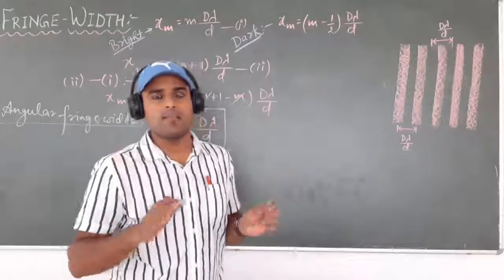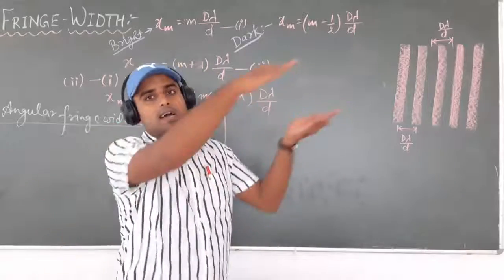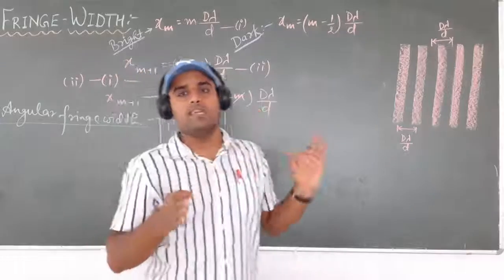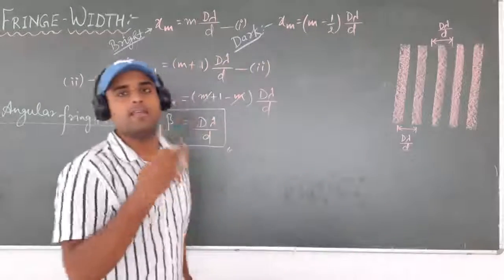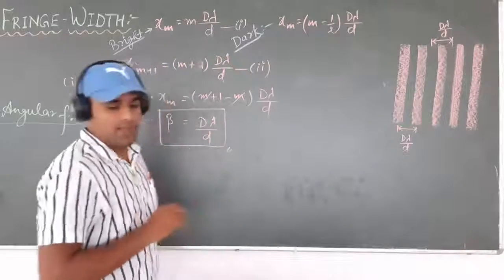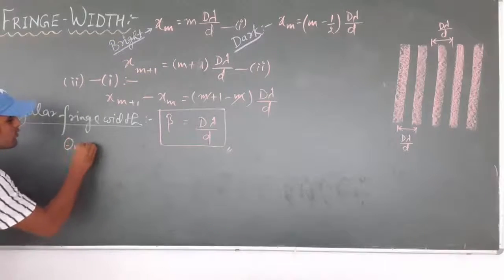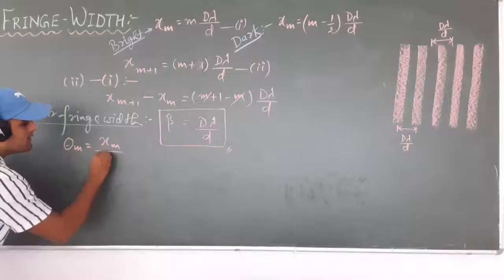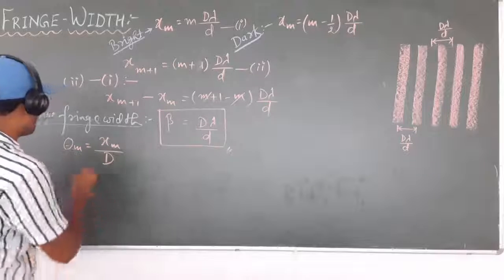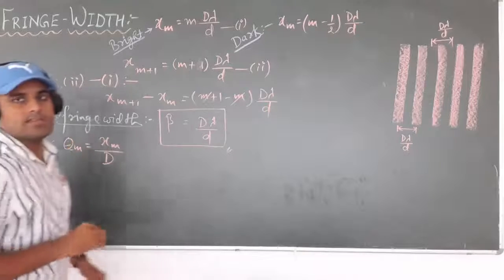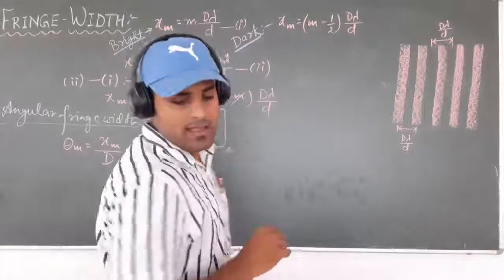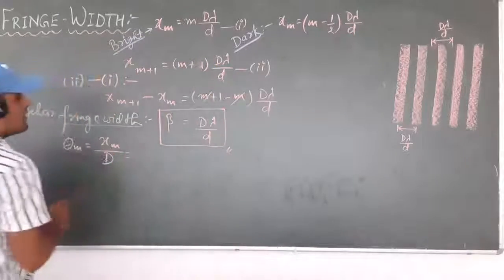You have seen the diagram, where I have drawn an angle theta in the previous video. So theta is the angular position of any fringe. If I consider the mth fringe, then theta m is equal to xm upon D. Angle is equal to arc upon radius, so that formula I am applying, and xm we all know.